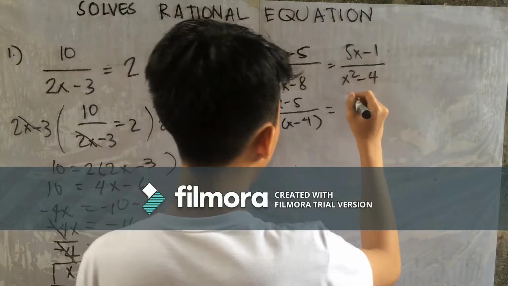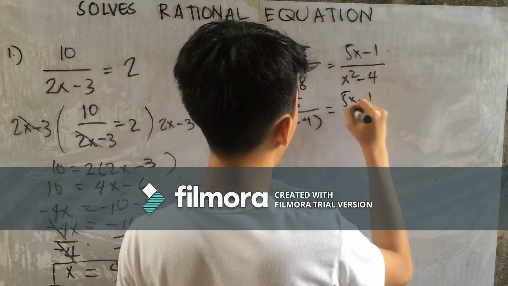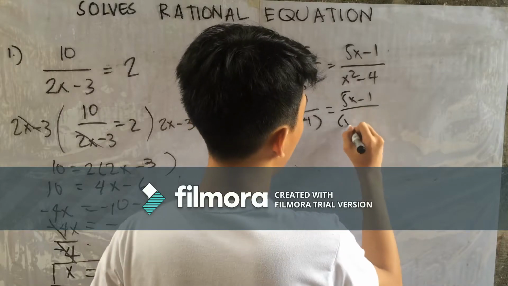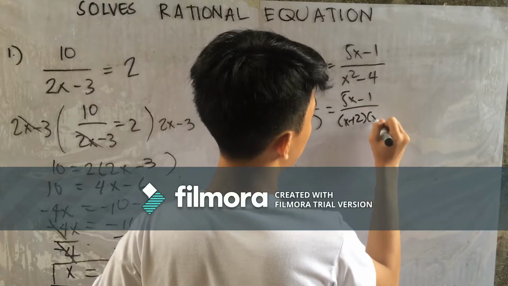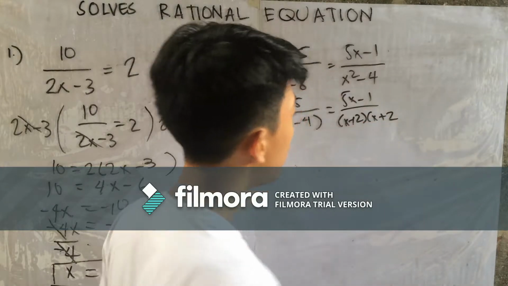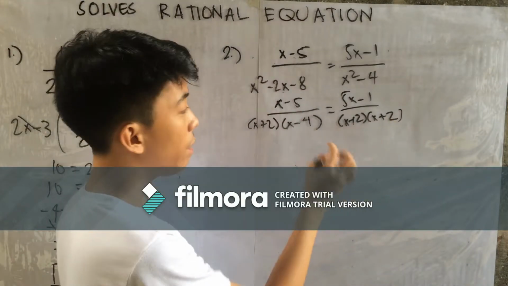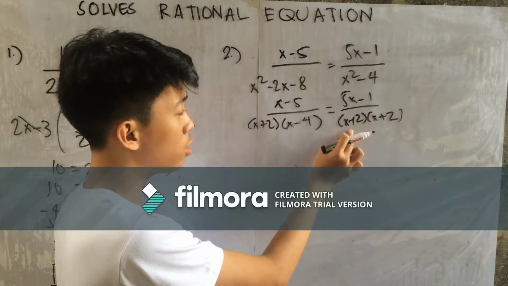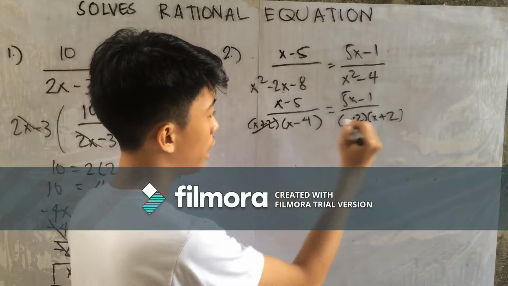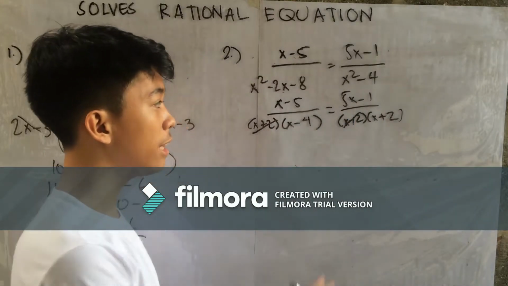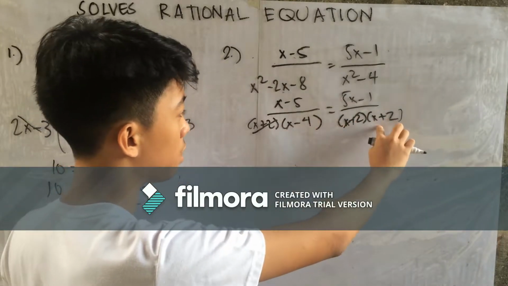At ito din naman, 5x minus 1 over x plus 2, x plus 2. So, dahil may magkapareha sa dun sa denominator, na-cancel natin itong x plus 2 at itong x plus 2. Cancel. E di ayan na, natira na lang is x minus 4 and x plus 2.